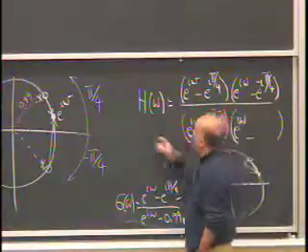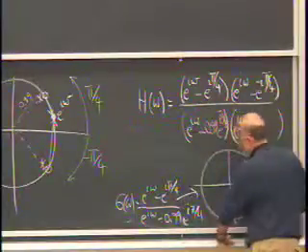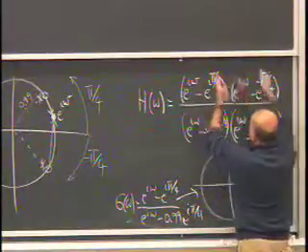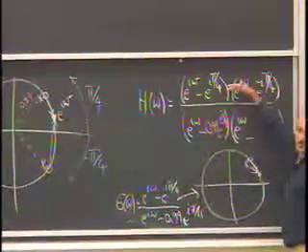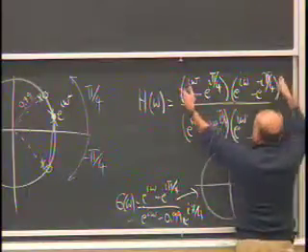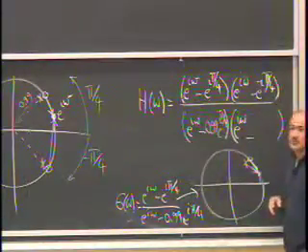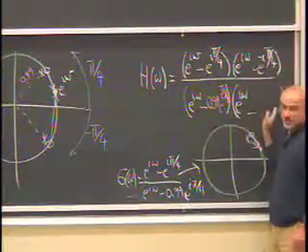So now, I'm looking at the magnitude of this filter. What is the magnitude of this filter? I've got two factors in the numerator, two factors in the denominator. You already know the magnitude of a ratio is the ratio of the magnitudes. But what's the magnitude of the numerator? The product of the magnitudes. And same in the denominator.